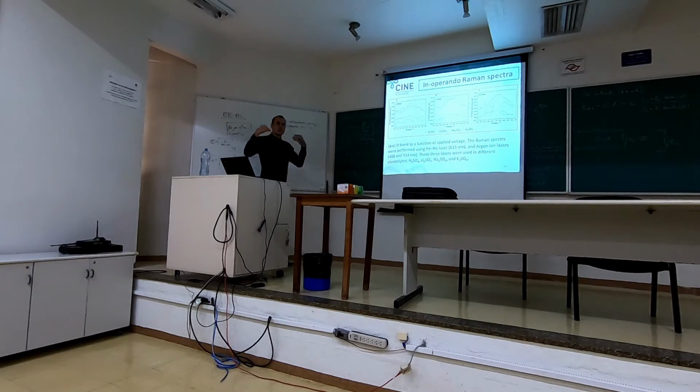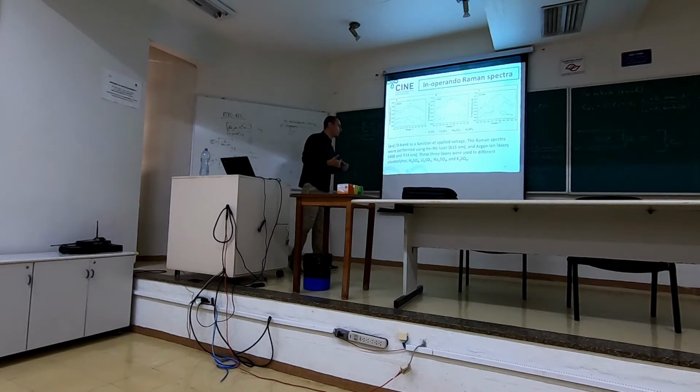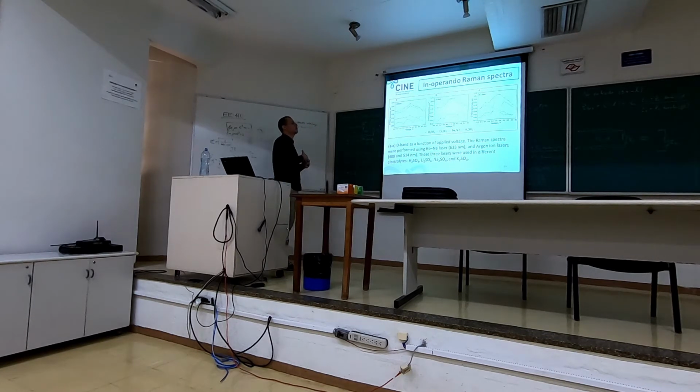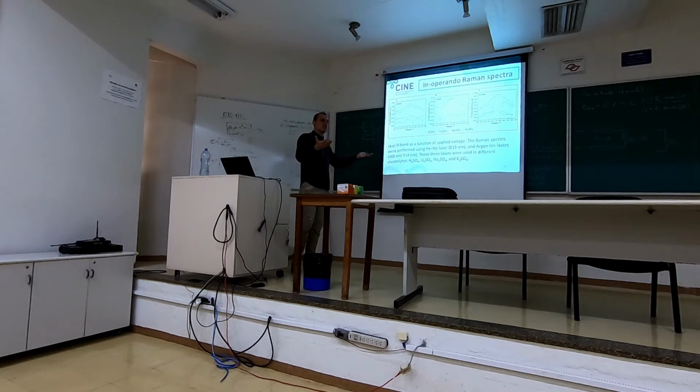These three lasers were used in different electrolytes, as I said before: acid sulfate, lithium sulfate, sodium sulfate, and potassium sulfate. And this figure shows us the main point of this work. Maybe we found a relationship between the charge storage mechanism and the band shifts.